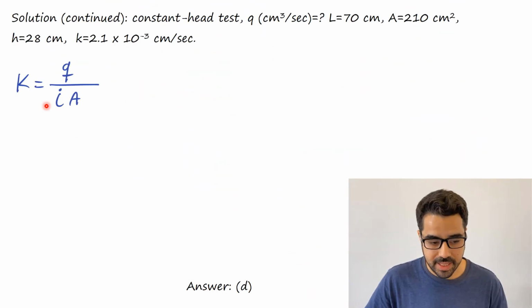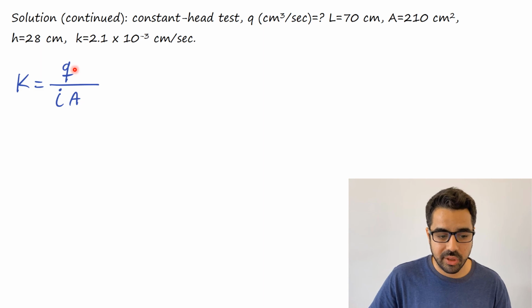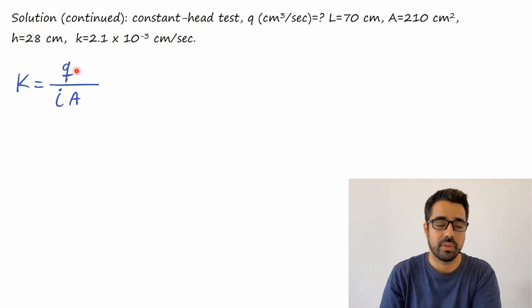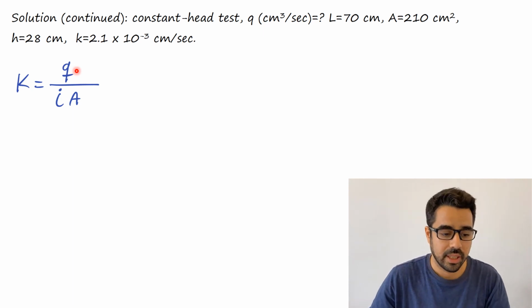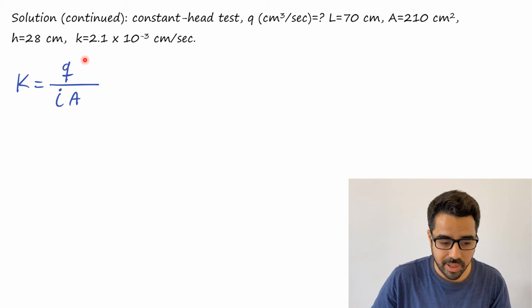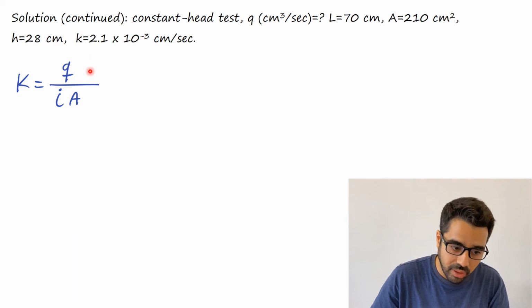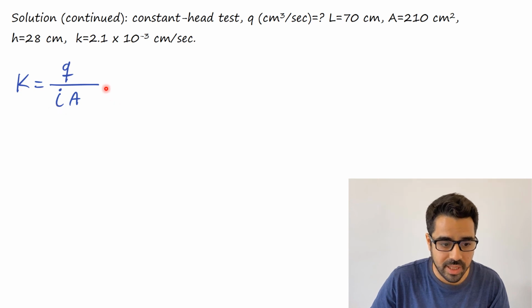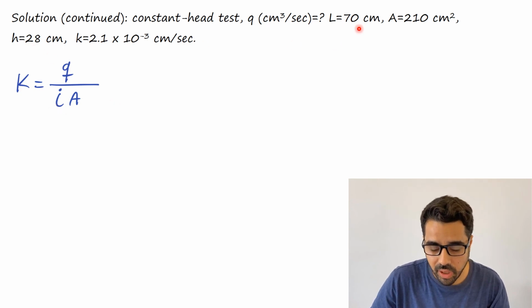So K in this case is going to be Q over i times A, right? Because the Q is basically the volume over the elapsed time. So now, K is given, i we can find easily because it's just H, the 28, divided by L, and A is the cross-sectional area of the specimen, and it's given.